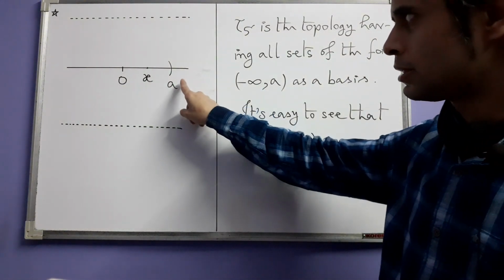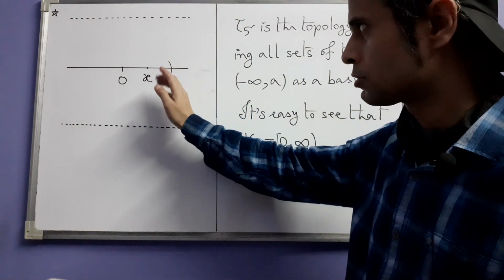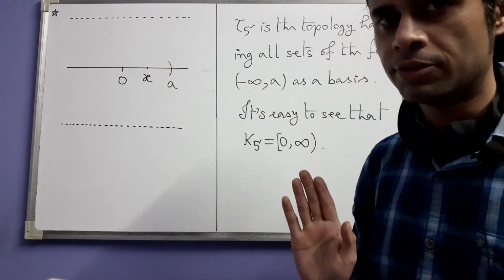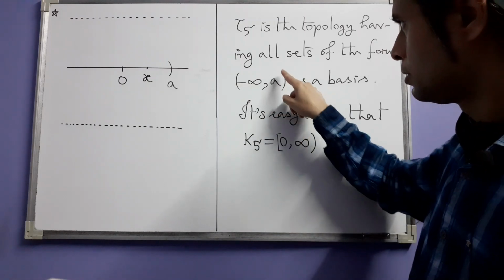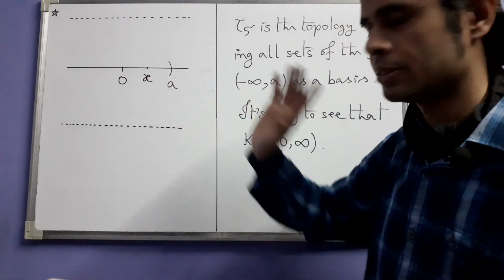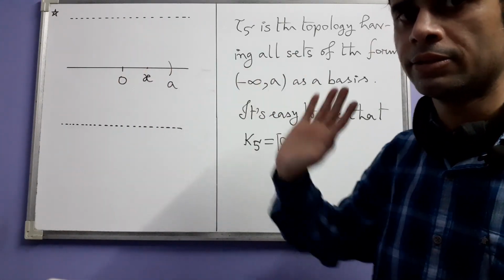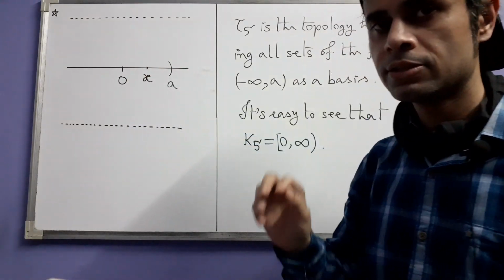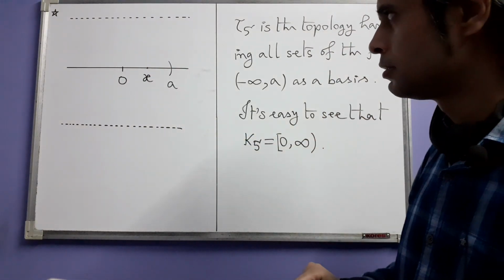But because such a ray has to contain x, the right end point of the ray has to lie to the right of x, and at the same time this side is open. So you cannot take x itself as that A. It should be to the right of x. Now this ray contains x inside of it.